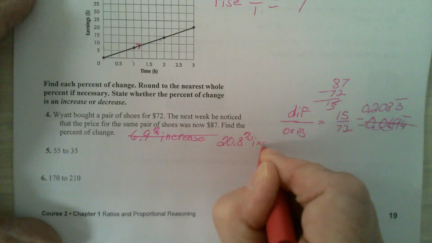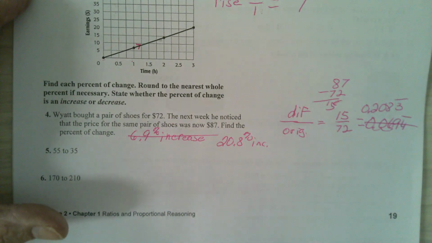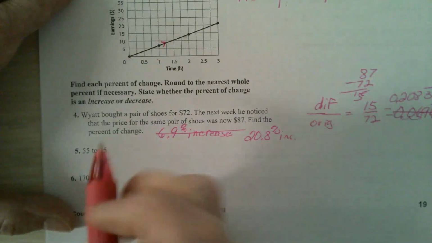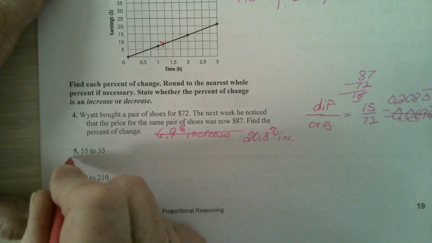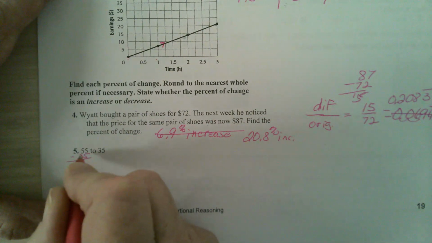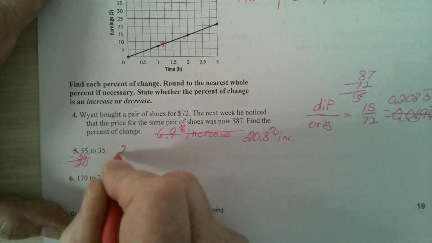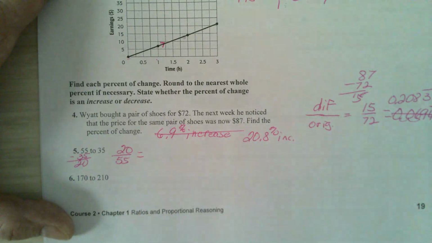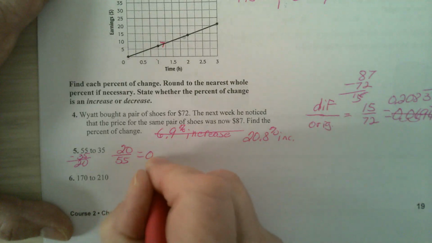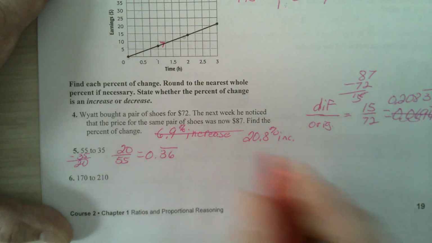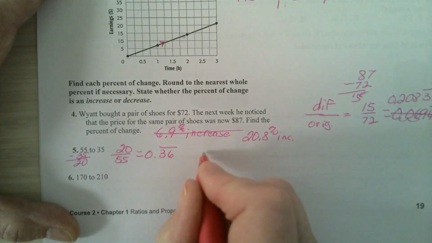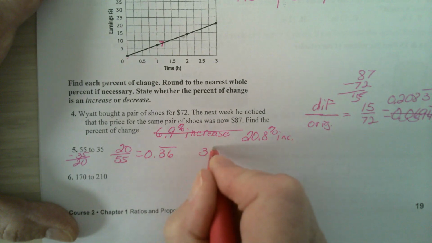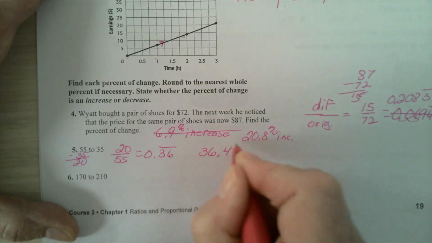Does everyone know how to change a decimal to a percent? Good. Here, the difference, 55 minus 35 is going to be 20. 20 over the original, 55. So you will do 20 divided by 55 and you get 0.36 repeating. The 3 and the 6 both repeat. So it's going to be 36.4%.